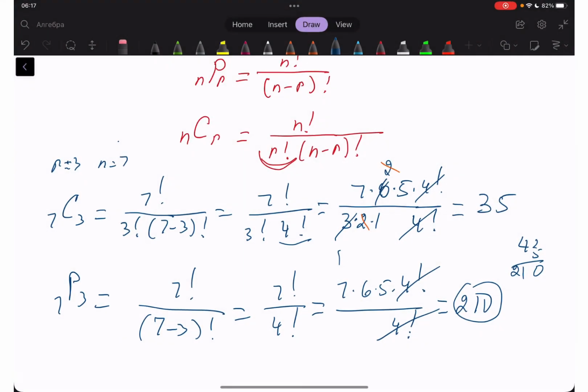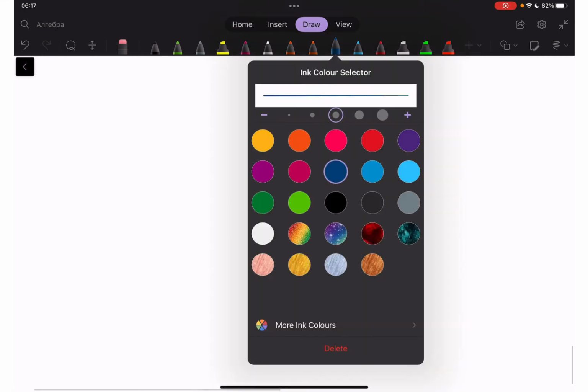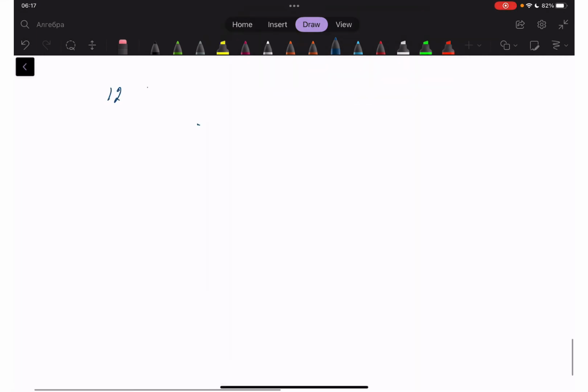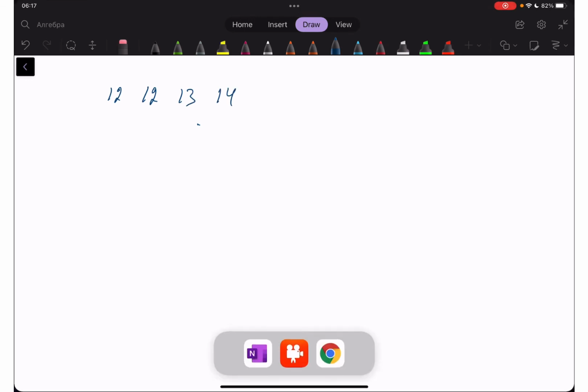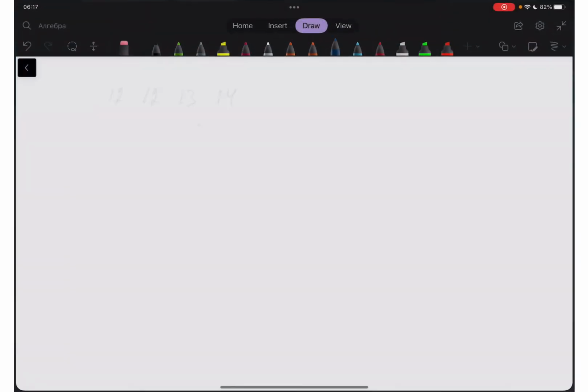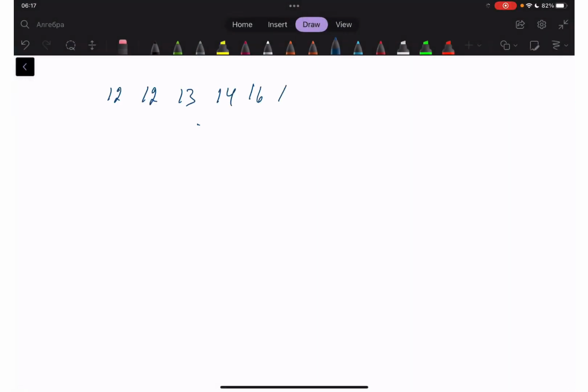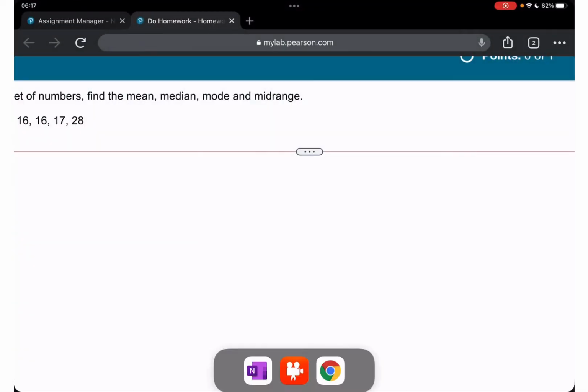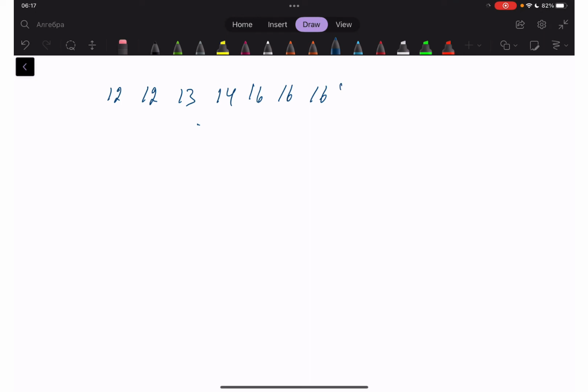Let me write it down. 12, 12, 13, 14. 16, 16, 16, 17, 28. So we need to find mean, median, mode.